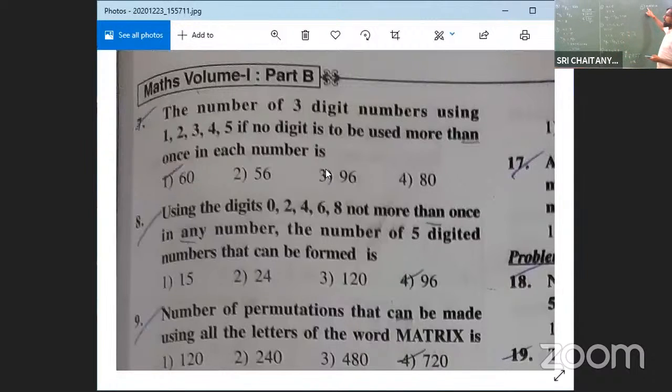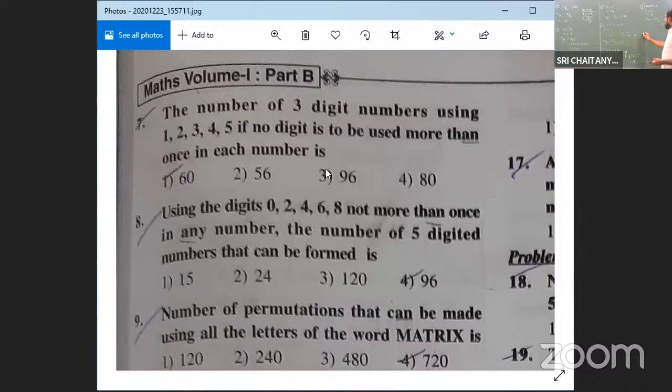In this word, no letter has been repeated. So we can arrange all the letters of the word. Here we have a 6-letter word, and by taking all, r value is also 6. So nPr is equal to 6P6. nPn is equal to 6 factorial, which is equal to 720.